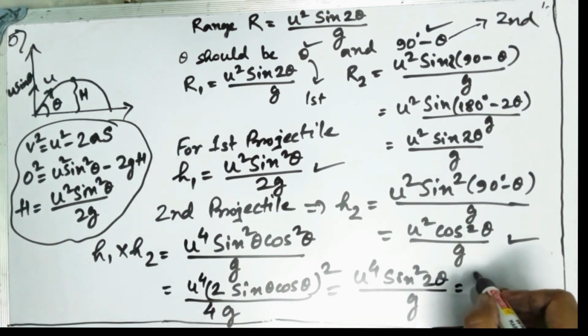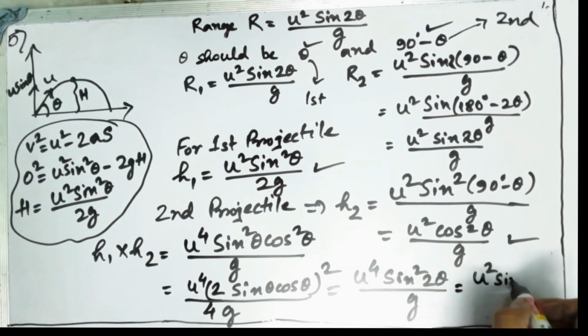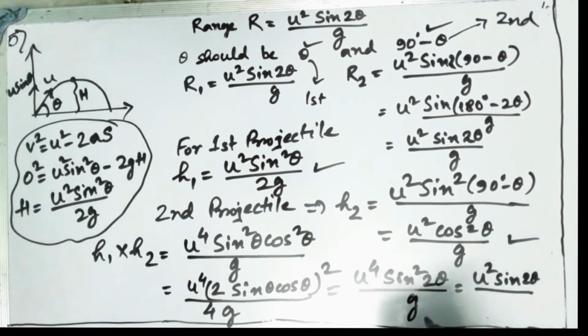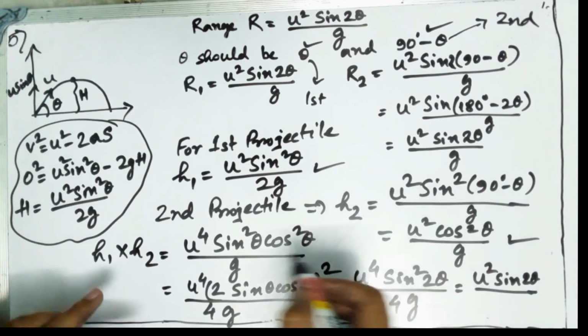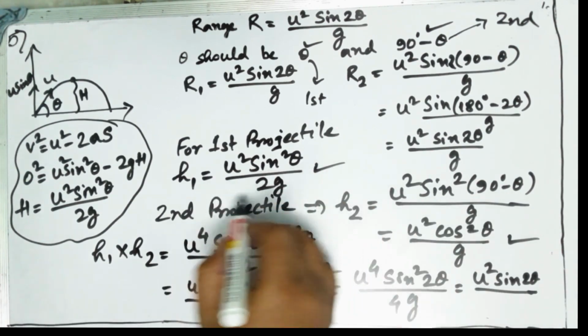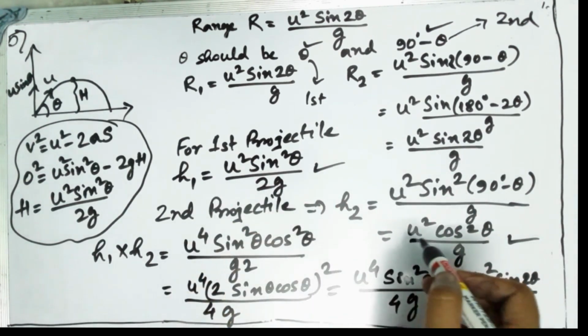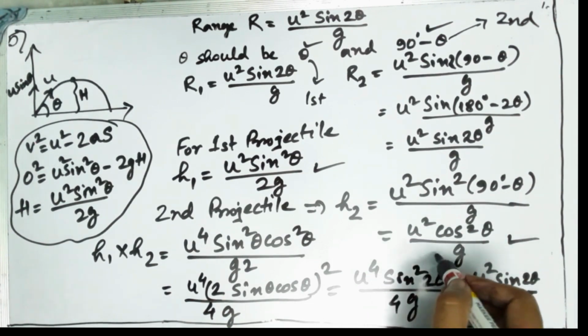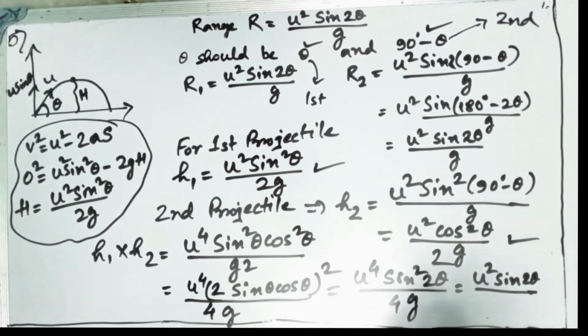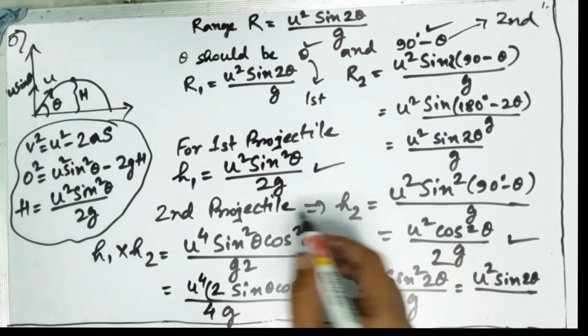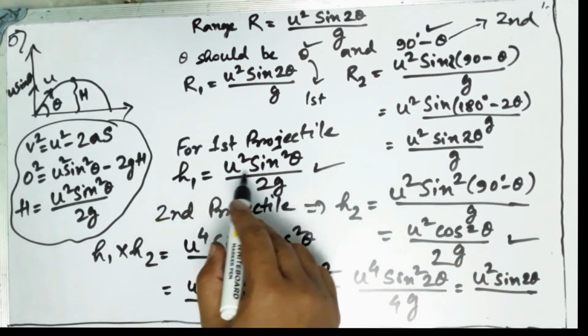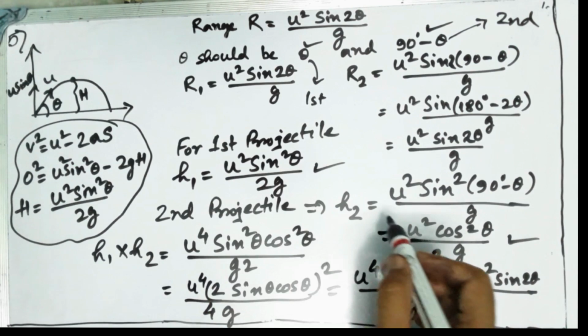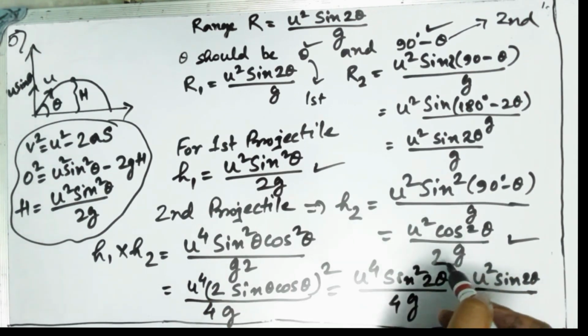Here we made a miscalculation. h1 is u square sin square theta by 2g and h2 is u square cos square theta by 2g.